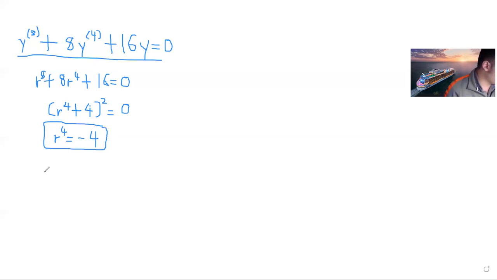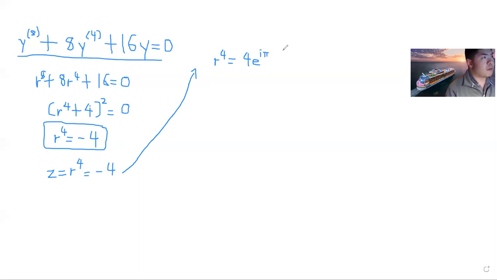So then say something like this: z equals r to the power of 4, which equals -4. r to the power of 4, this is going to have 4 solutions, is equal to 4e to the power of i pi, because e to the power of i pi is -1.